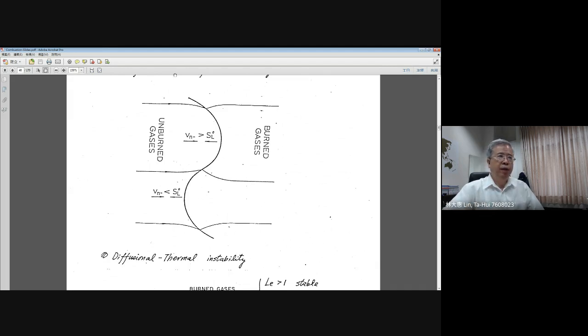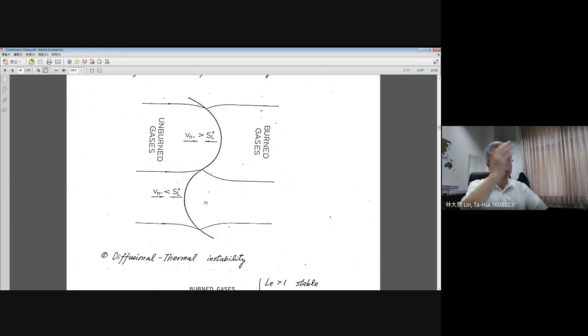Originally, you have a planar flame, which tells you that the supply of premixture is just balanced with your burning intensity. Then the flame sits as a flat flame properly at a certain position.